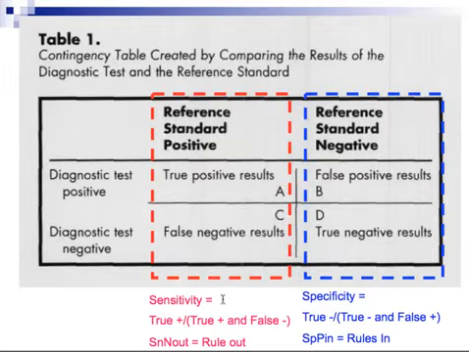Now notice that what makes sensitivity high is if false negatives are low. And so in order to understand how to apply sensitivity and specificity well, you want to focus on the mistakes that are being made, not the correct answers. And if you do that, you'll get it right every time.